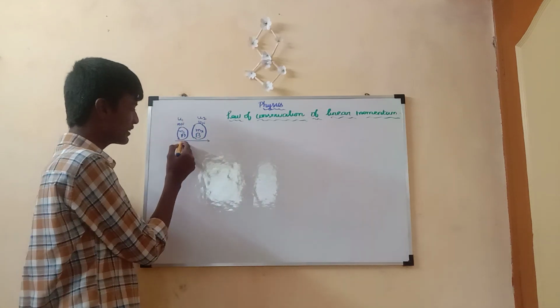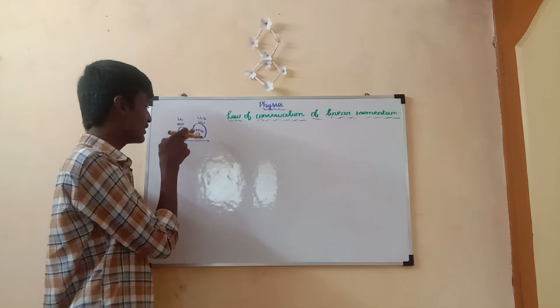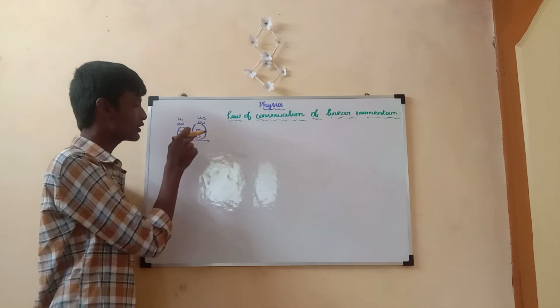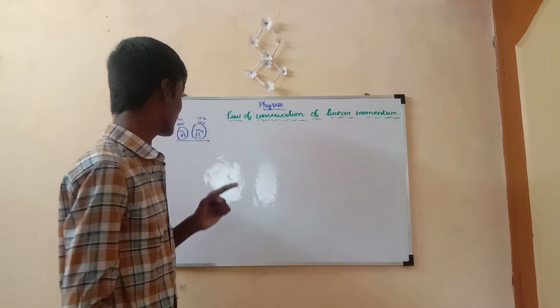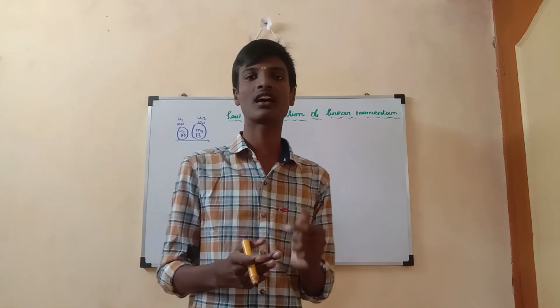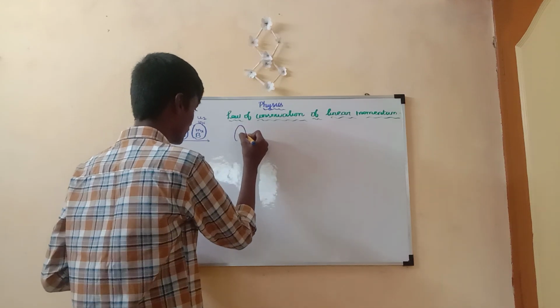Now I increase the force for the first object. It will be attracted to object B. So it is called collision. In physics, the attraction between two bodies is called collision. Let us assume a diagram.